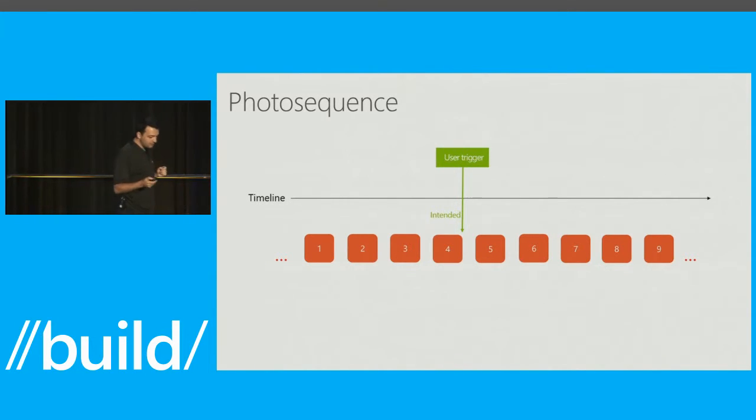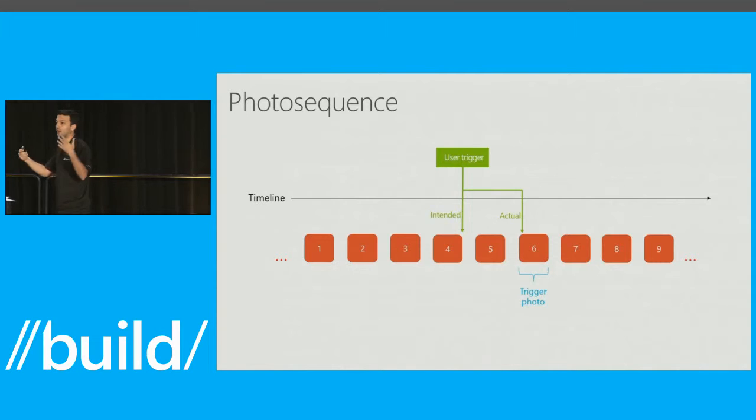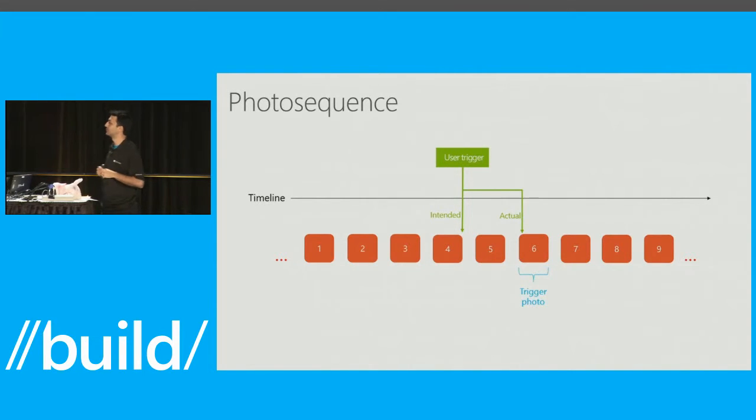But because of the delay of the user reacting to the movement, pressing the shutter, the software lag, the stack lag, the OS lag, as well as the hardware lag, and not to even mention the exposure time that is required to capture that movement, usually what you end up with is number 6, right? So that is the trigger photo most of the time, before this feature.